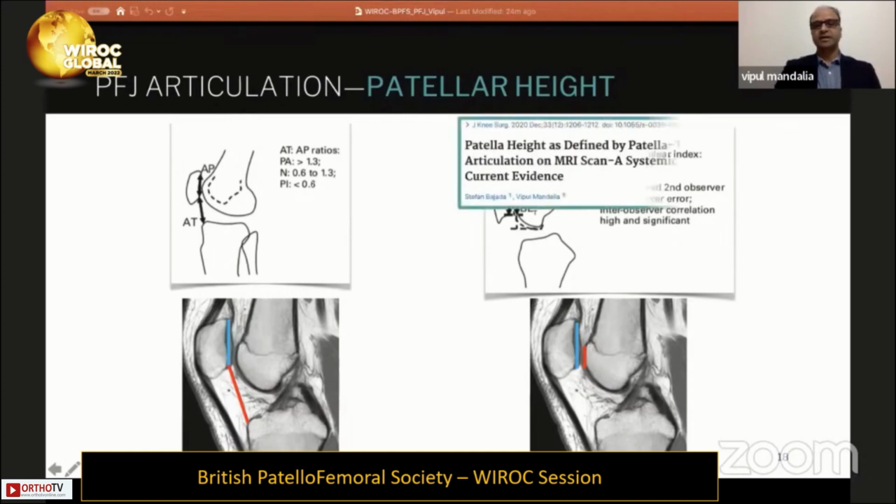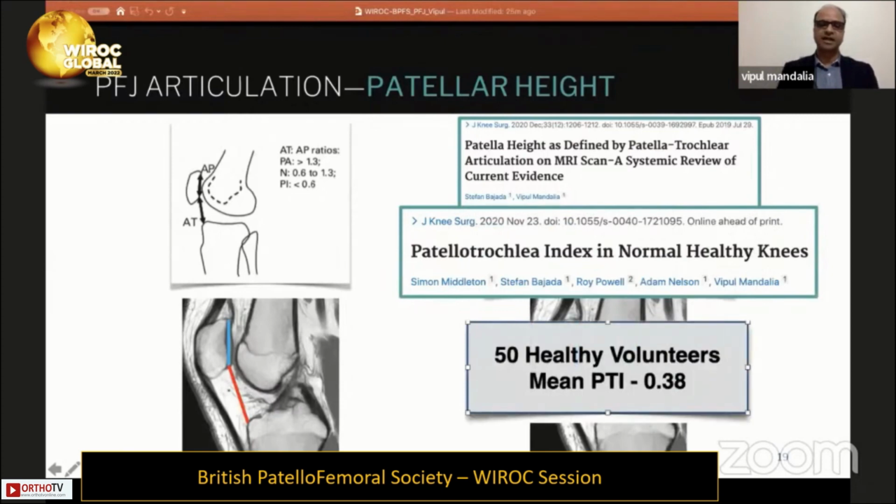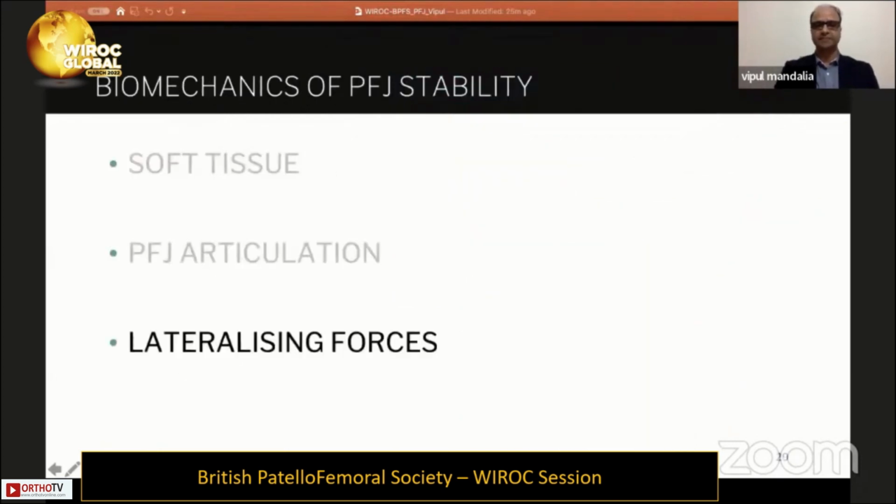We looked at the literature, what is the evidence, and we did our own study in a normal healthy population. Without going into too much detail, if the overlap of the trochlea and the patella cartilage is less than 1/3 of the patellar articular cartilage, then you need to start thinking, could it be contributing to patellar instability?